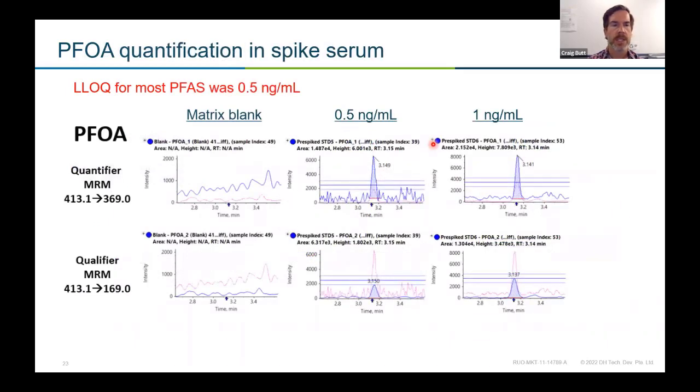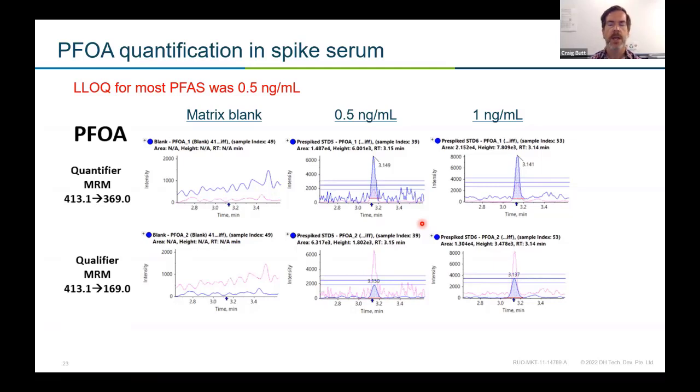If we look in a little more detail, in this case for PFOA, for both the quantifier and qualifying MRM, again, nice and clean with the matrix blank, and then able to see down to, in this case, 0.5 nanogram per mil. In most cases, the lower limit of quantification was in fact 0.5 nanogram per mil or ppb, and only I guess 1 or 2 analytes slightly higher.